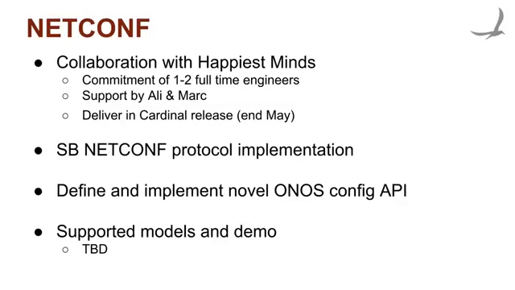The initial idea is just to do the protocol implementation, and while doing that, the largest creative component in this activity is that we get to design and implement a new ONOS config API.